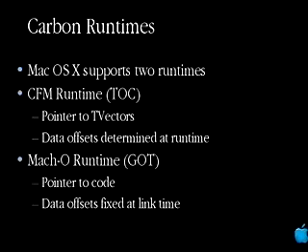It has a function address, the code address, and another word that's used for data offsets. In Mach-O, a function pointer is a pointer to the code itself, and the offsets are all fixed when you link the application or library. So that's one of the fundamental differences between them. Aside from that, the two runtimes are pretty similar and pretty compatible.